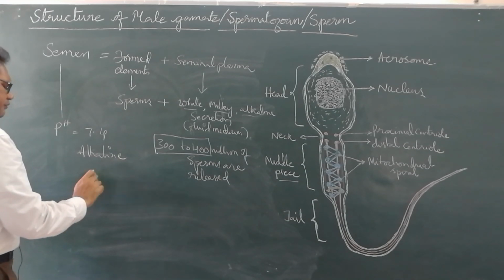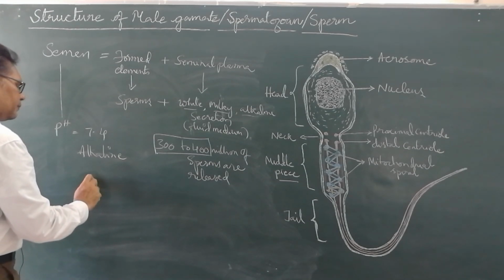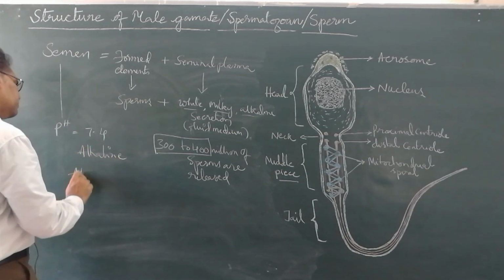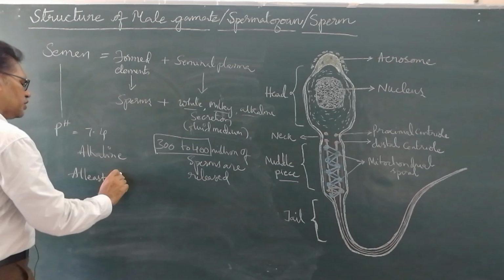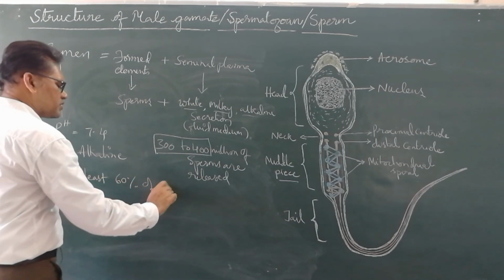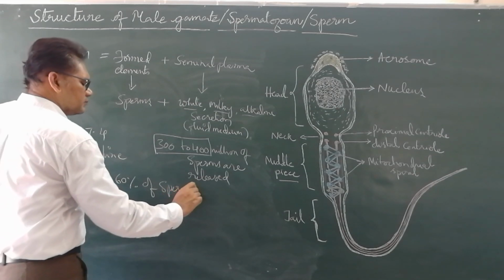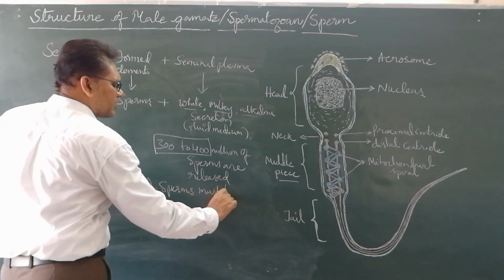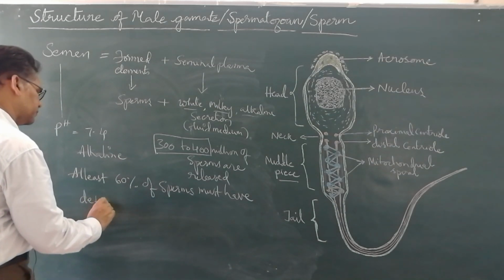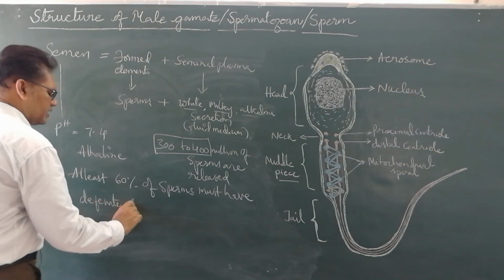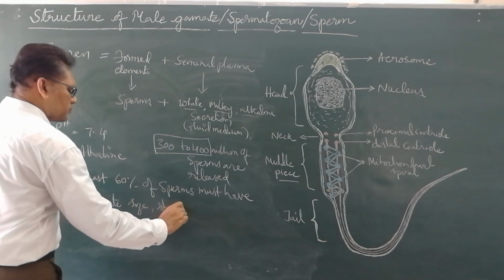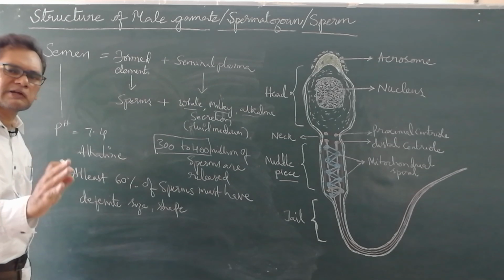For proper fertilization at least 60% of sperms must have definite size and shape. This is proper morphology.